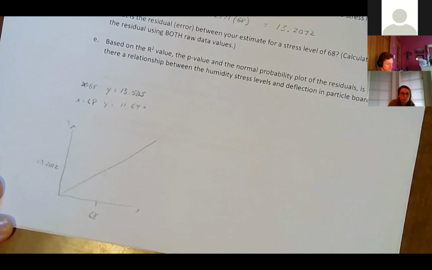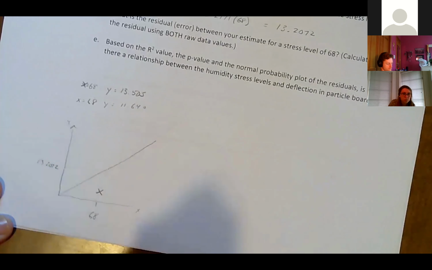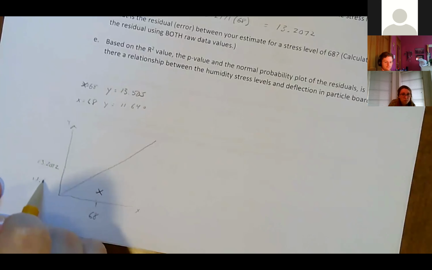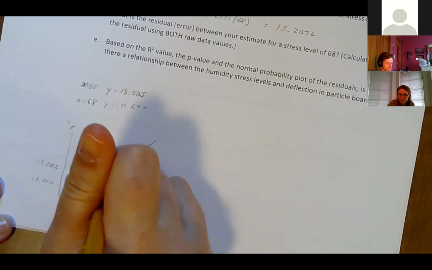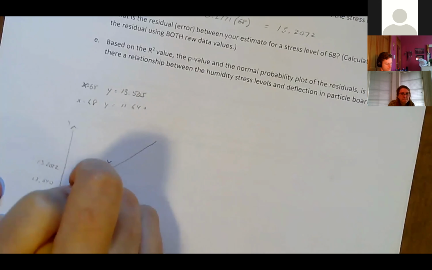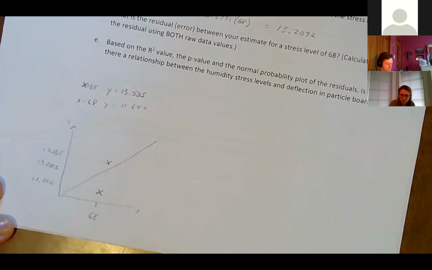The actual data says for one of them, it's all the way down here at 11.640. The other one's a little closer. The other one is above it, 13.505. Obviously not to scale.